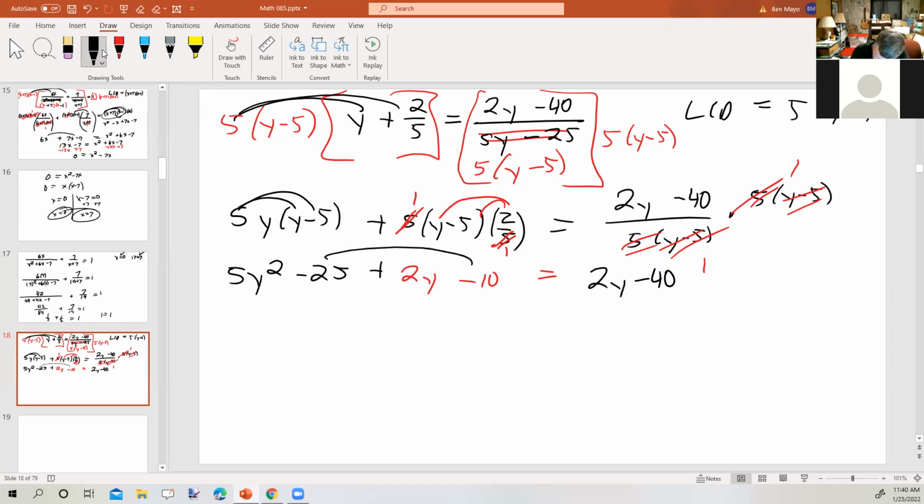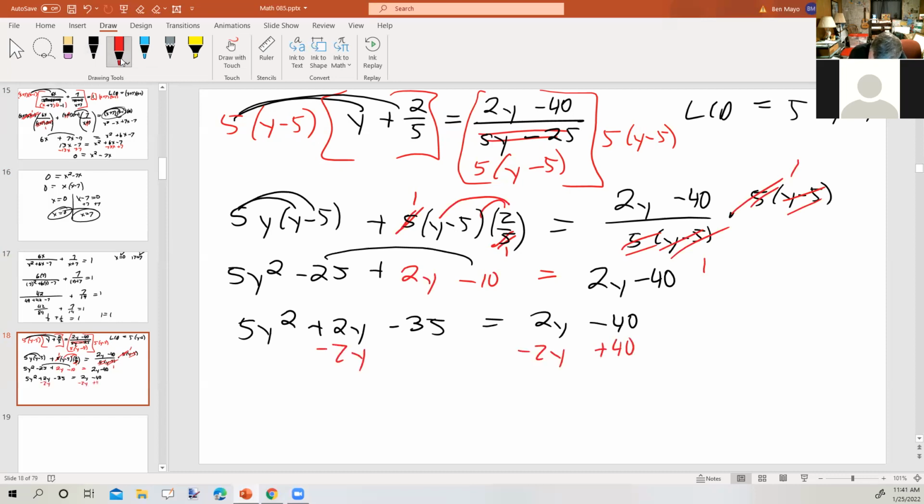Combining like terms on the left side, I've got 5y squared plus 2y minus 35 equals 2y minus 40. Second degree equation, I'm going to shove everything over to the left side. So I'm going to subtract 2y from both sides and add 40 to both sides. So now I've got 5y squared plus 5 equals 0.